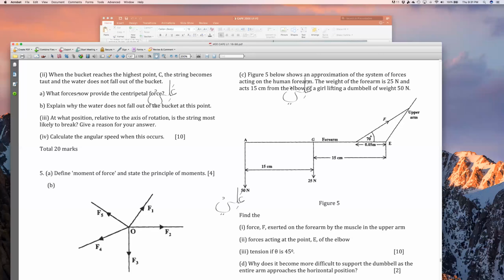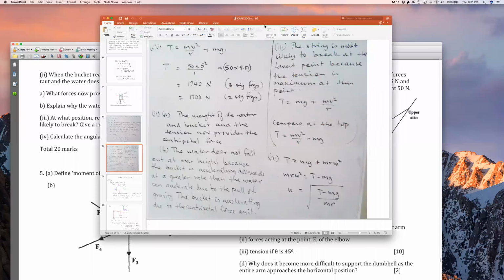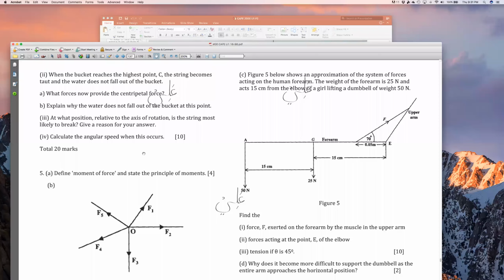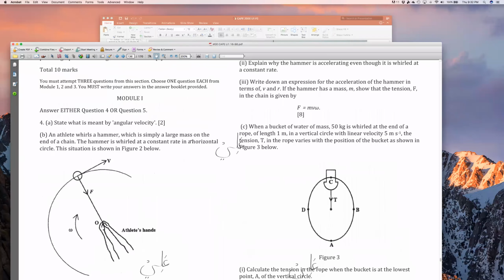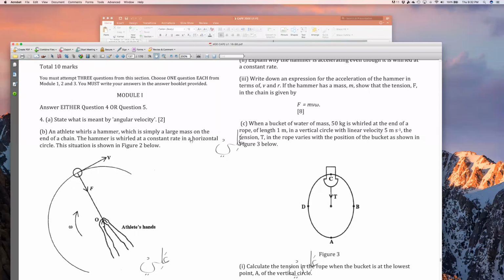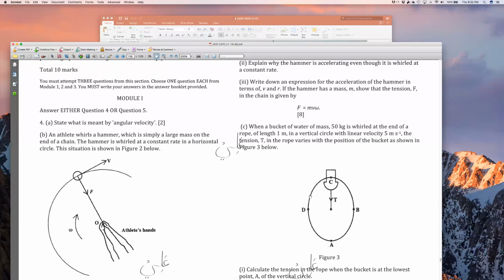The forces providing the centripetal force, as we said again this week, well, that's on the Tuesday class for sure. I don't know if I did it on the Friday class, but if not, we will look at it this week. The forces providing the centripetal force when the bucket is at the top is a combination of the gravitational force and the tension in the string.